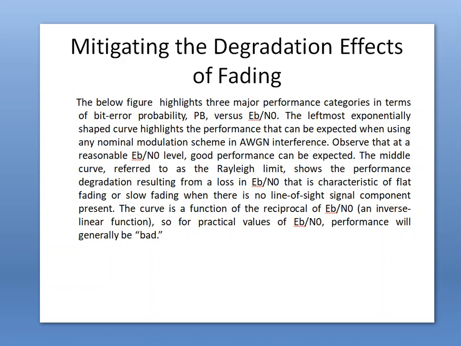The middle curve, referred to as the Rayleigh limit, shows the performance degradation resulting from the loss in Eb/N0, which is characteristic of flat fading and slow fading when there is no line-of-sight signal component present, that is, out of line of sight. The curve is a function of the reciprocal of Eb/N0. So for practical values of Eb/N0, performance is generally bad.